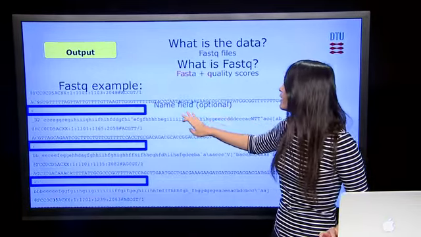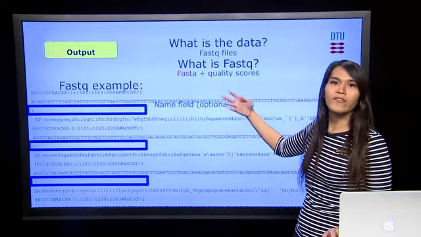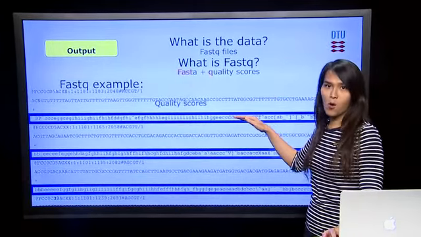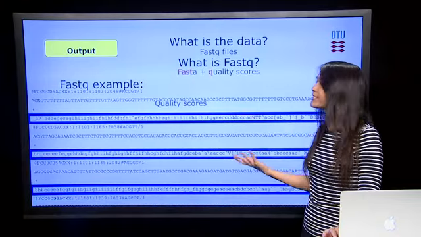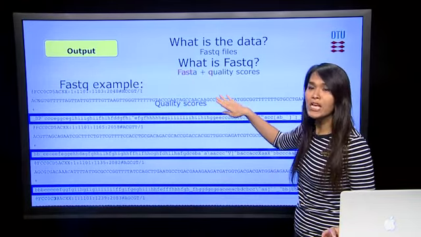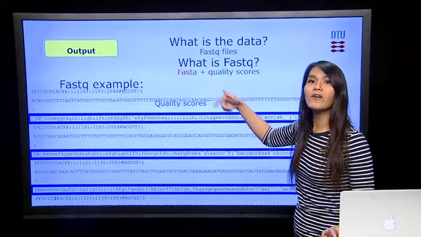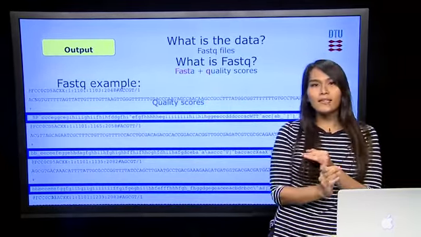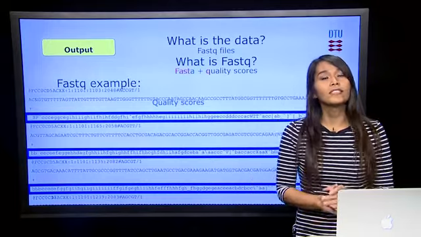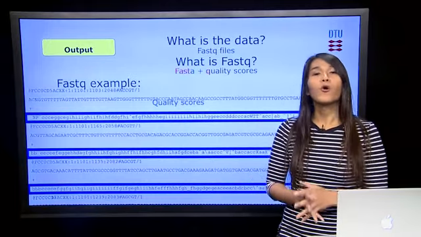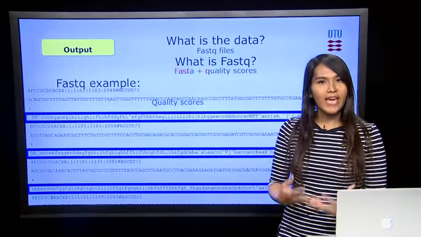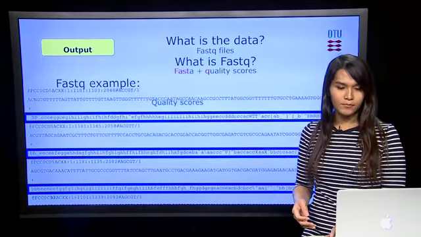The third line is an optional line that you can fill in with whatever. And the last line is the quality scores. That's why it's called FASTQ, because it contains DNA information and the sequencing quality scores. So FASTA contains two lines, but FASTQ contains four lines with the quality scores. That's the format that you will get from the sequencing machine.